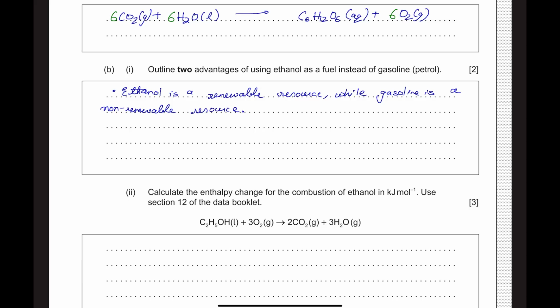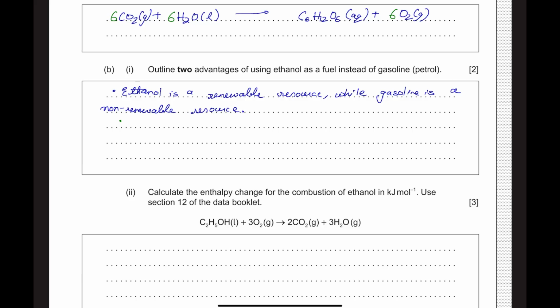And secondly, ethanol does not contain sulfur, so ethanol will not cause acid rain, but if you burn gasoline, it will produce SO2 gas, which in turn causes acid rain.